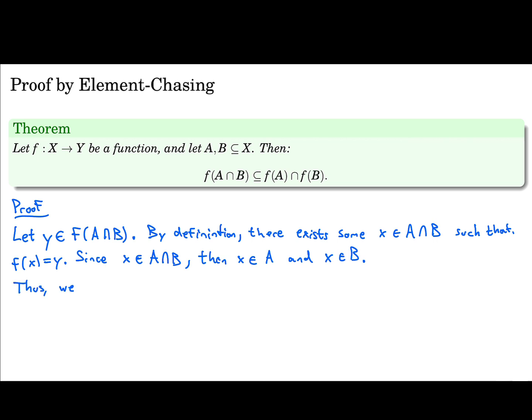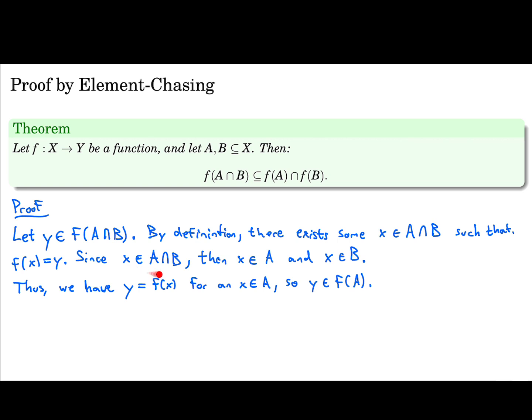Thus, we have y equal to f of x for an x that belongs to A. So this means that y has to belong to f of A. Let's look at this carefully.